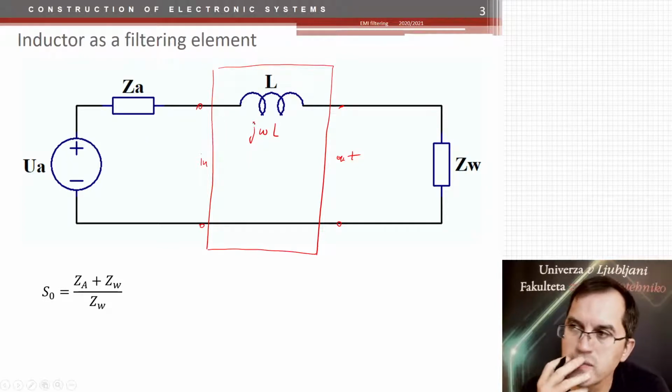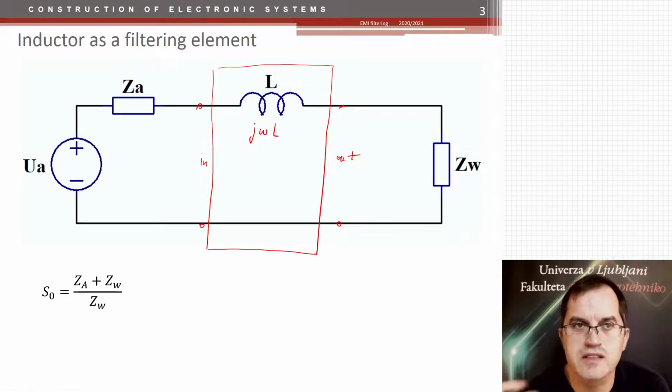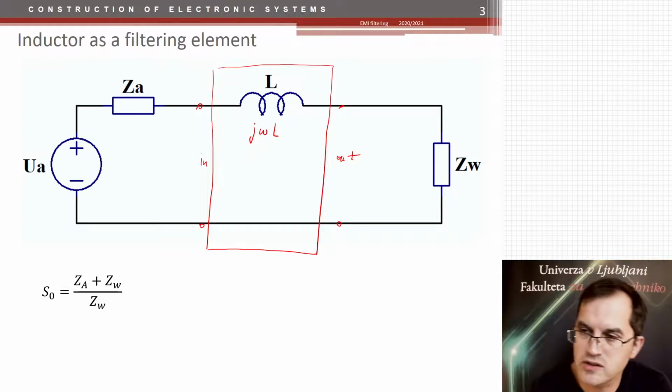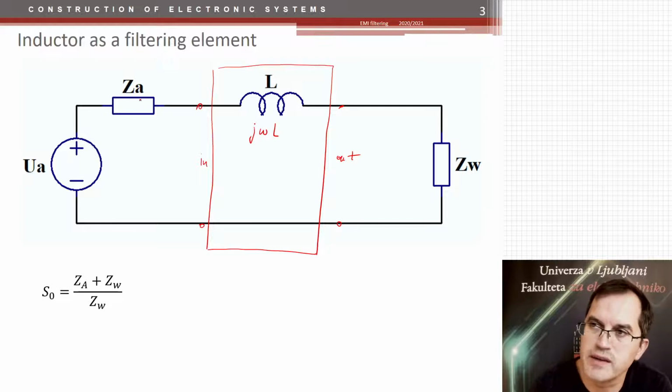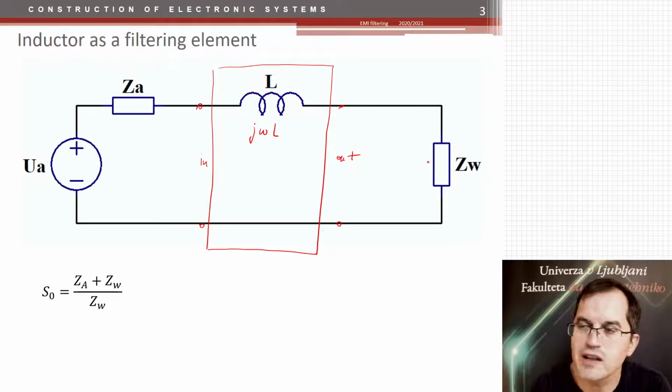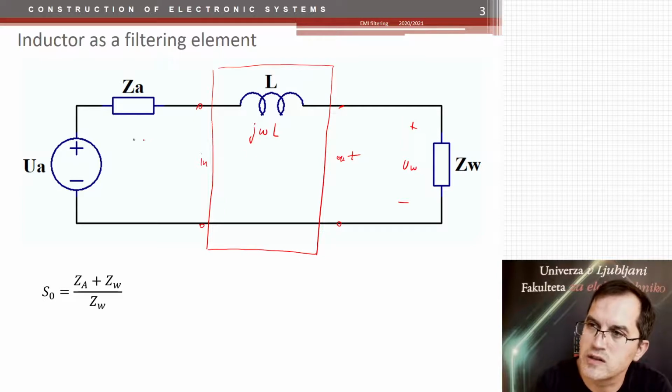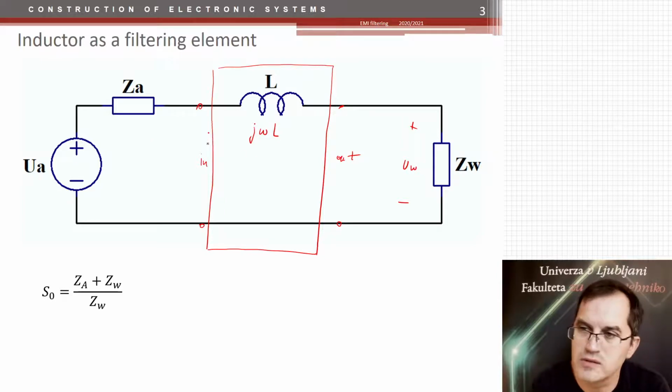Now this jωL impedance is inserted in series, which means that the total impedance of my circuit would be a sum of 3 impedances: aggressor impedance, the coil, and the victim impedance. So calculating the current means summing all 3 together, and calculating the final attenuation, which would then include the victim voltage and the aggressor voltage, is quite trivial here.